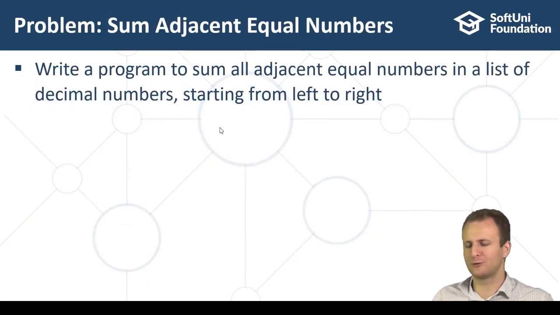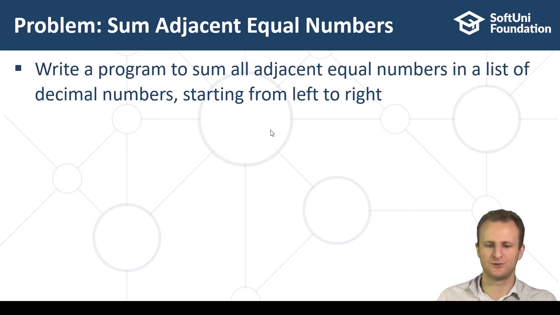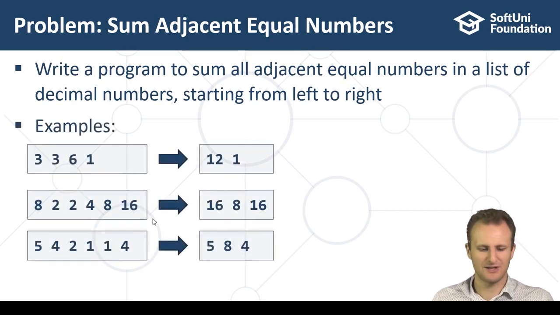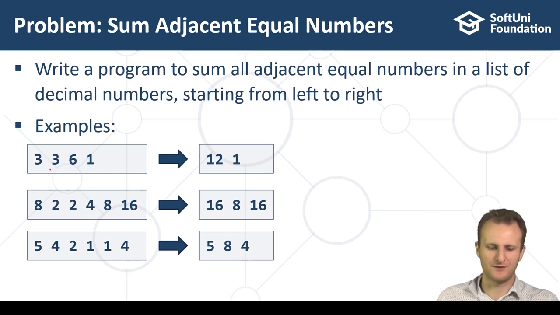So from here on out, we have some tasks we need to implement, and the first of those is how can we sum a sequence of numbers into a list which contains no equal numbers side by side. So what do we have here? We have 3 and then 3 and then 6 and then 1. And the task is keep summing the items until there are no two items which have equal value next to each other.